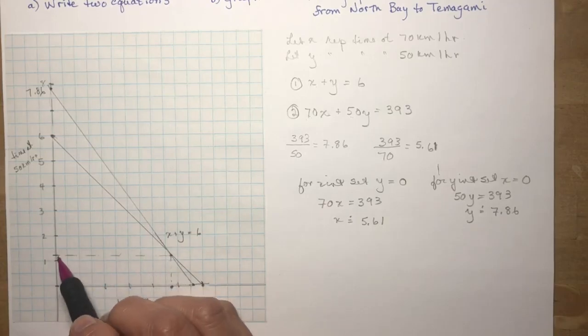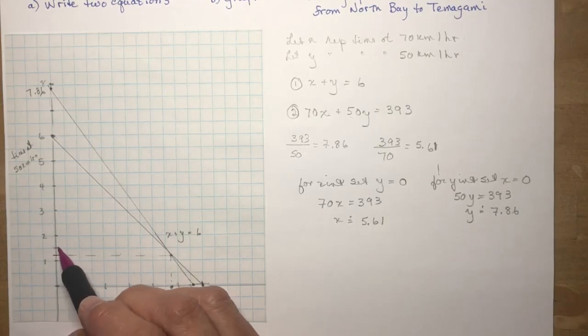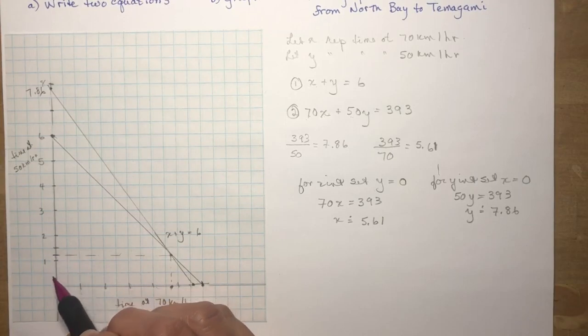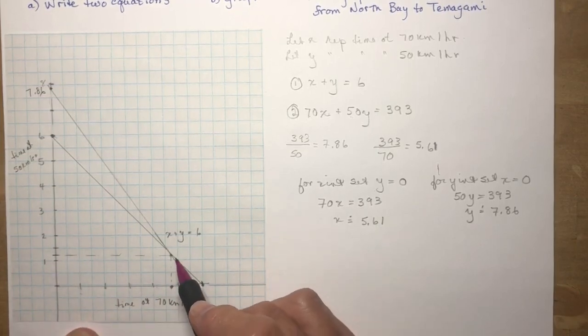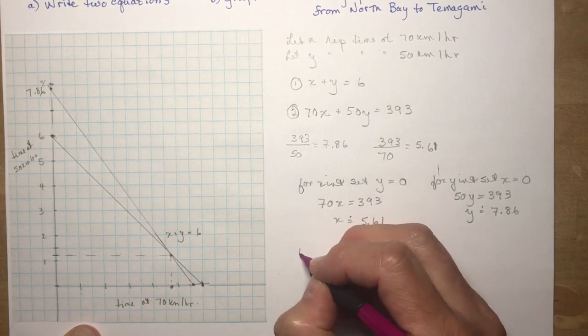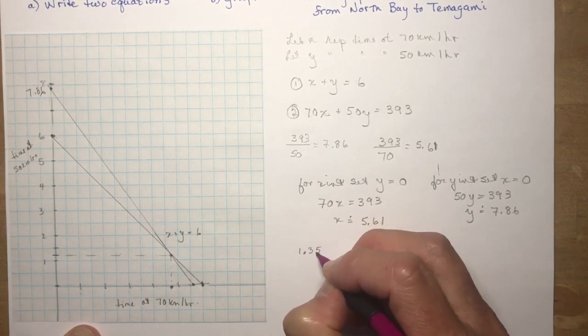And the y, see, this is 1.5. And in your textbook, it says it's 1.35. Now, I don't know how they could be so accurate looking at this. I mean, I would definitely say it's under 1.5. And I'm trying to be as accurate as possible. But the solution comes out to 1.35 hours.